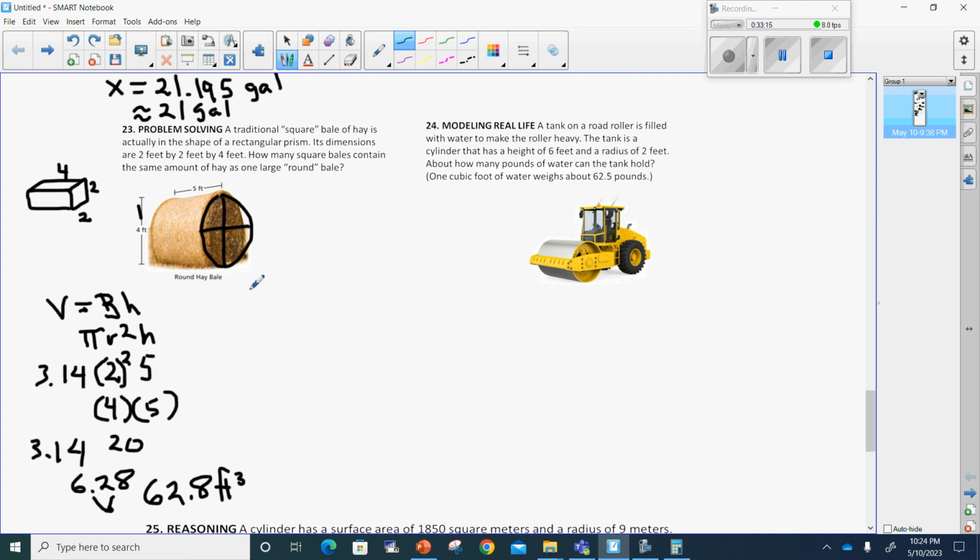And since this cube is going to be 4 times 2 times 2, that's actually going to be 16. So now I've got to take 62.8 and divide it by 16.